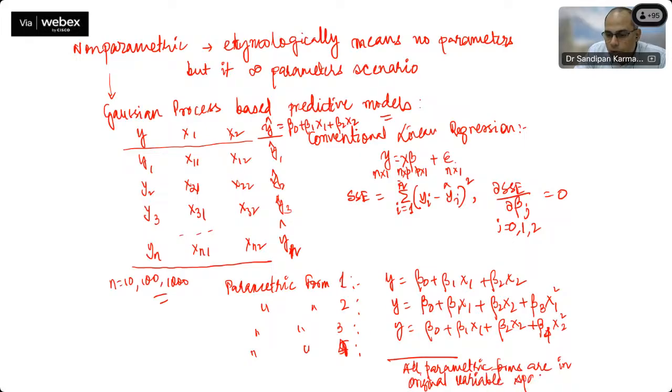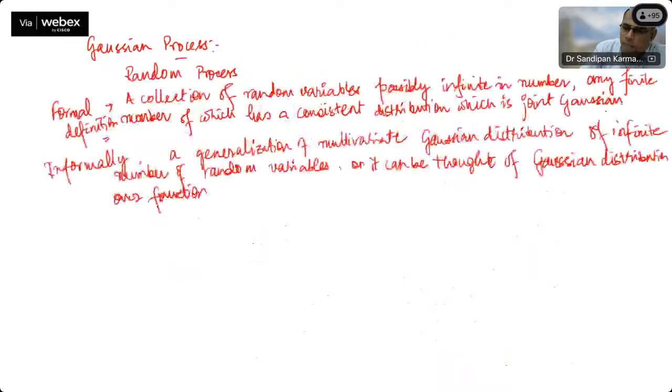But now I want to create an infinite dimensional function space from the original predictors.